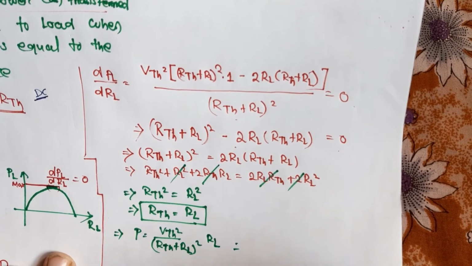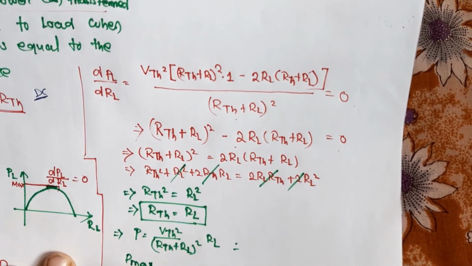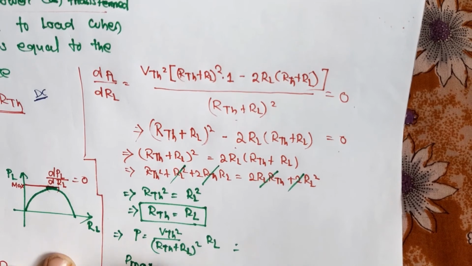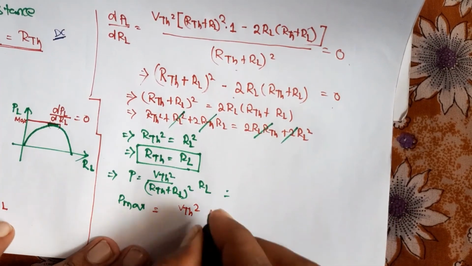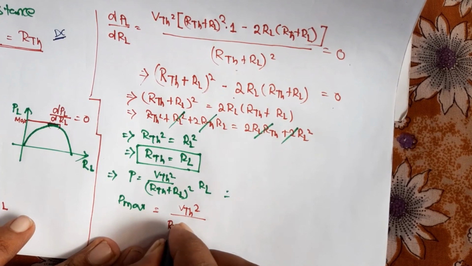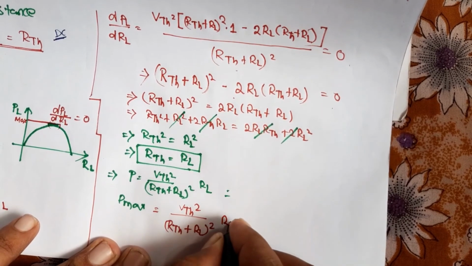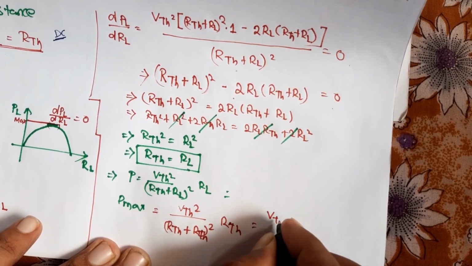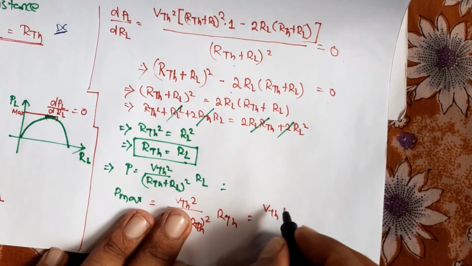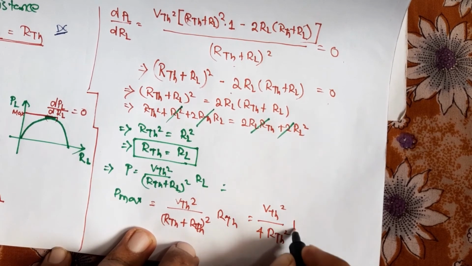We put the RL value here for maximum power at the load. Putting RL equal to RTH, we get VTH square divided by (RTH plus RTH) square into RTH, which is VTH square divided by 4 RTH square into RTH.